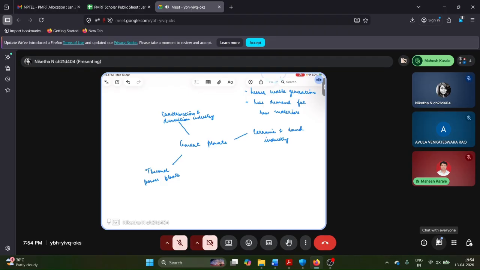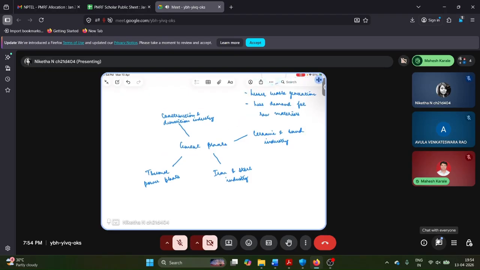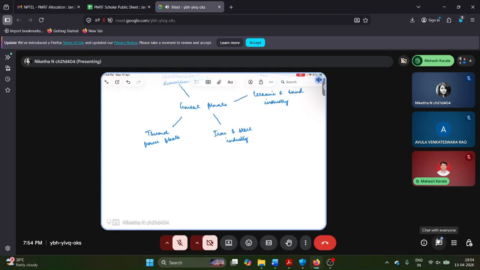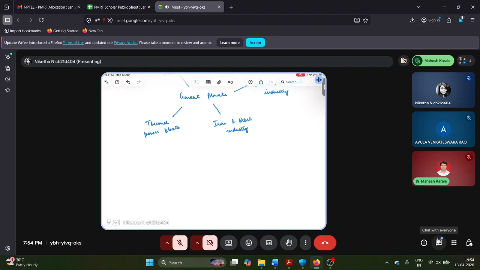So that's how the waste from thermal plants come to cement industries. And then from iron and steel industry. So these are the ways in which the cement plants utilize wastes from other industries. So there are other examples also. But before that, let's look at the drivers of industrial symbiosis.